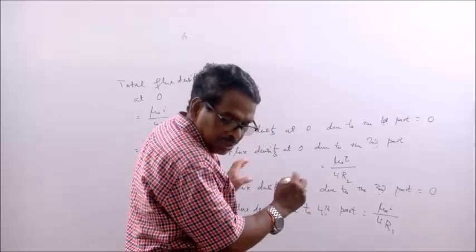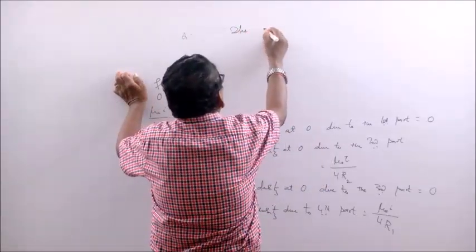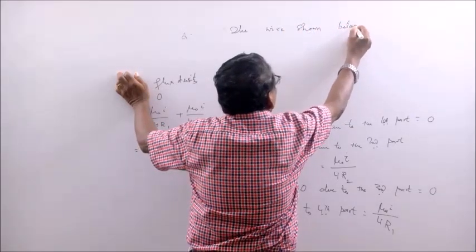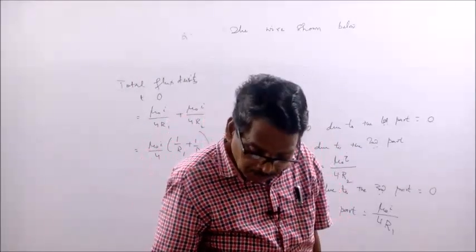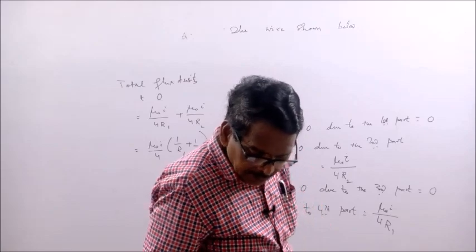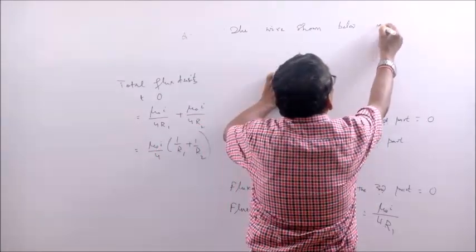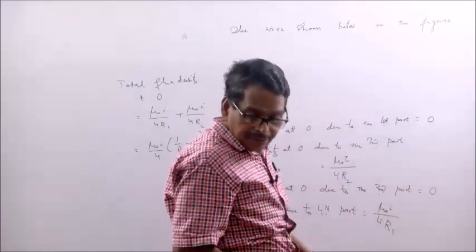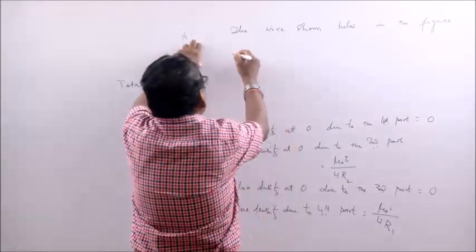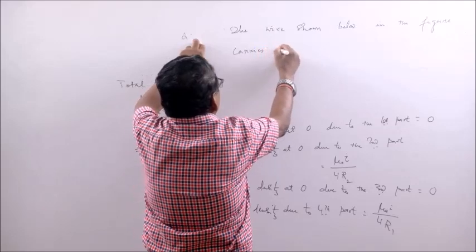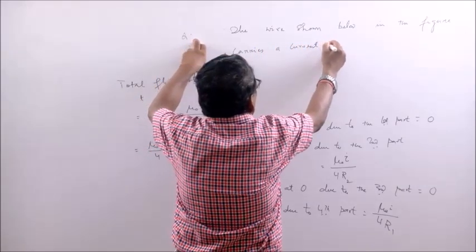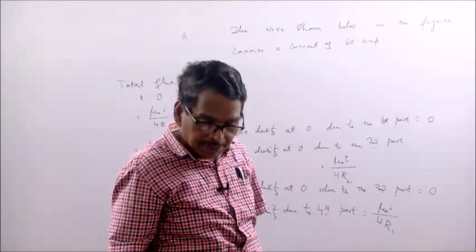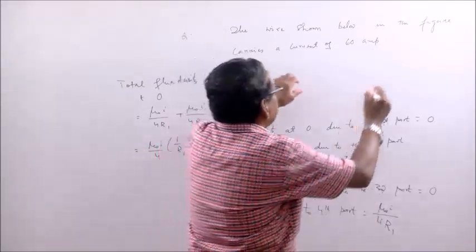The question is like this: the wire shown below in the figure carries a current of 60 amperes. Determine the magnitude of the magnetic field at C.